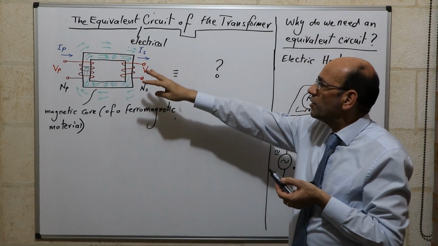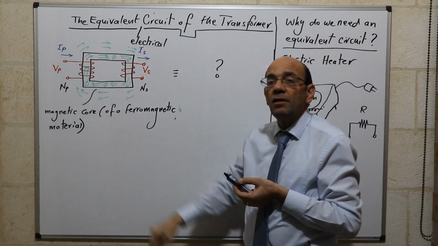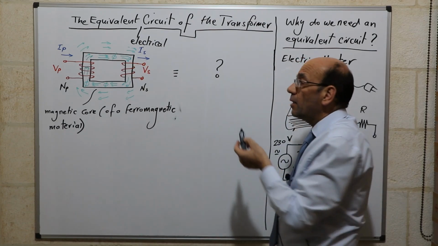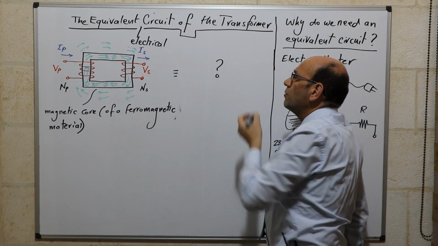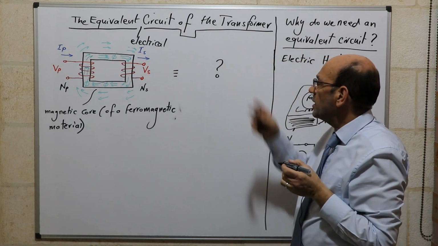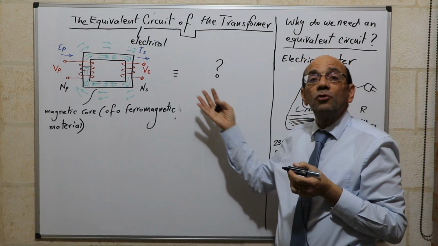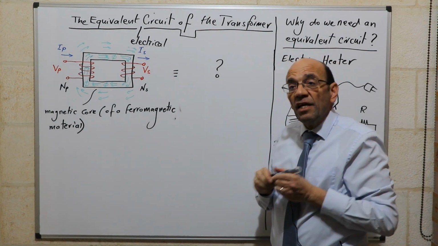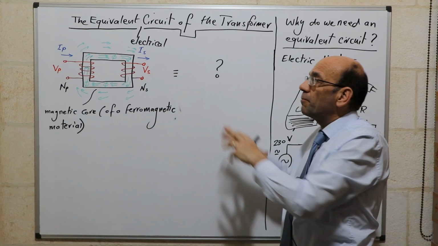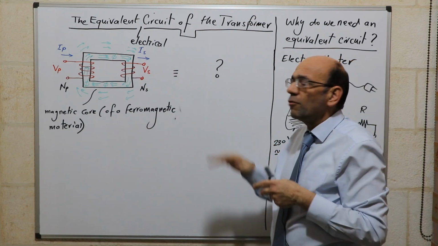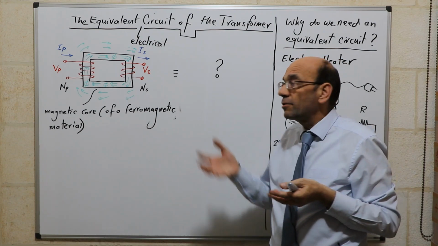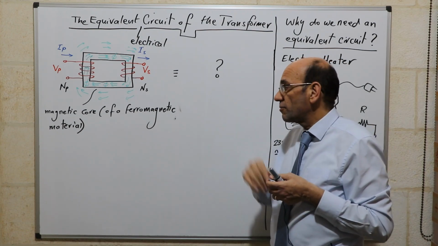So we want to do away with the physical diagram of a transformer, and find what it is equivalent to in terms of an electrical circuit in order to be able to use it in a circuit, run it, and find currents and voltages. This is the essence and the aim of this series of lectures: to find the equivalent electrical circuit of a single-phase transformer in this case.